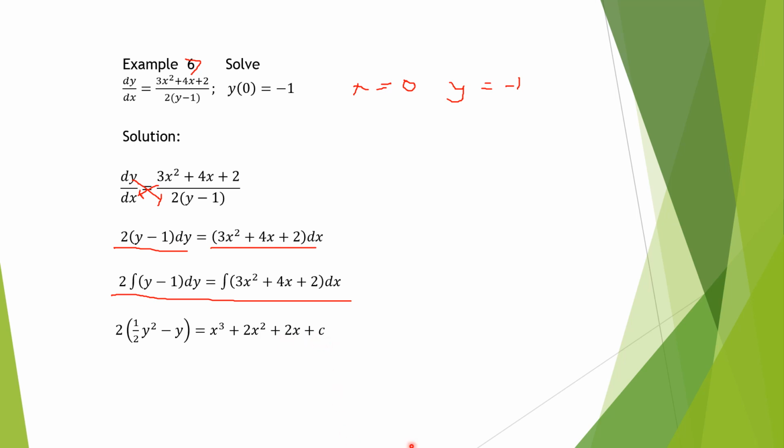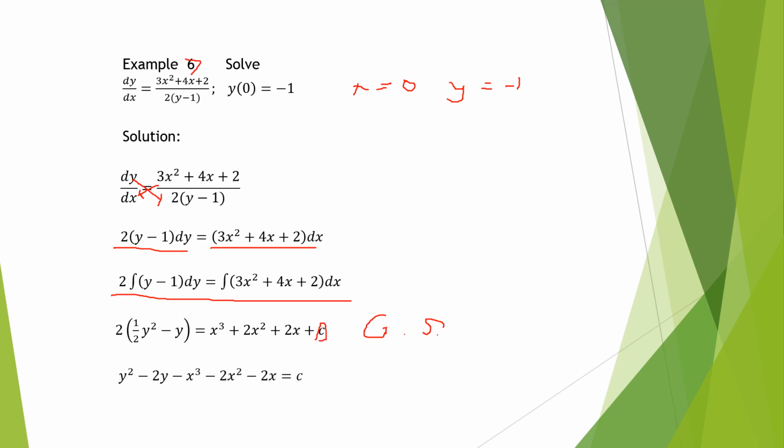And this is already our general solution. We need to find the value of c. So how do we get the value of c?